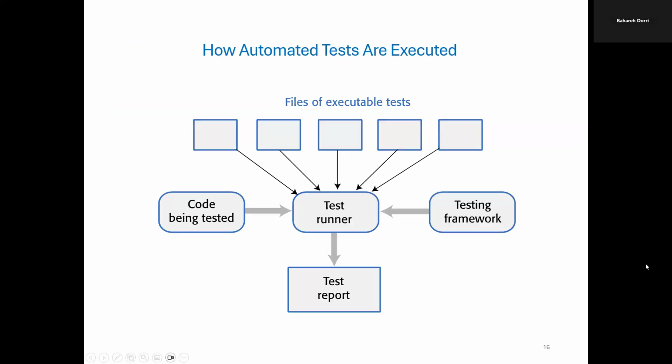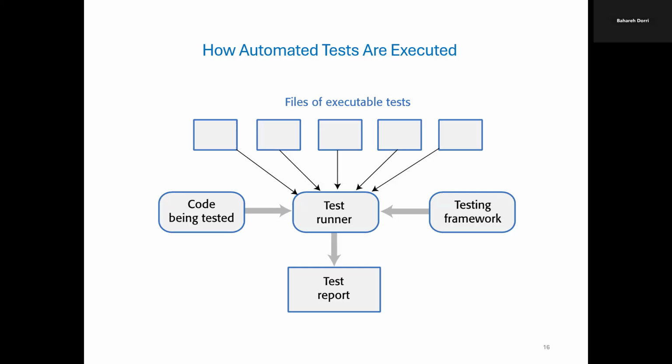Let's take a moment to see how automated tests actually run behind the scenes. So imagine you've written a bunch of test files. Each one of those files says, here is the input I will feed into the code. Here is what I expect back, and here is how I will check if it worked. Now, you don't run these tests one by one manually.